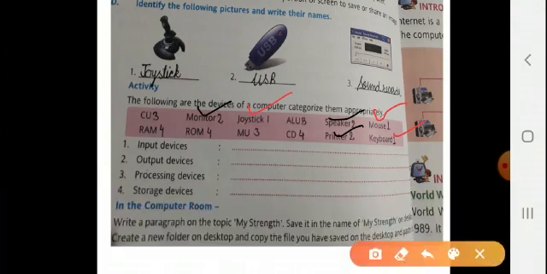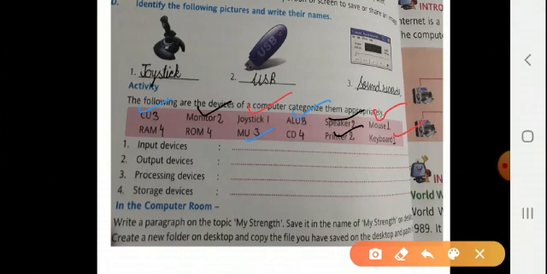Now processing devices are CU, MU and ALU. These are the three parts of CPU. If you remember, I told you: control unit, memory unit and arithmetic logical unit are three parts of CPU which are processing devices.